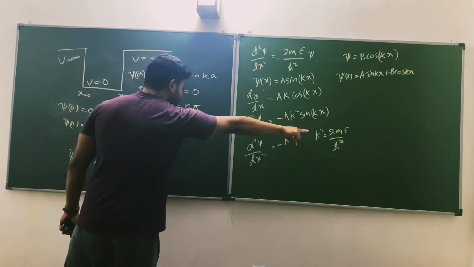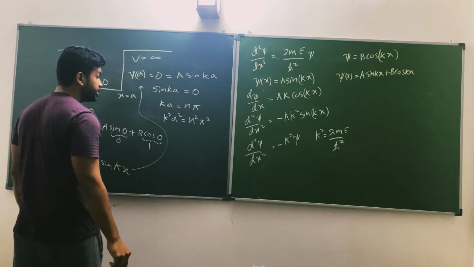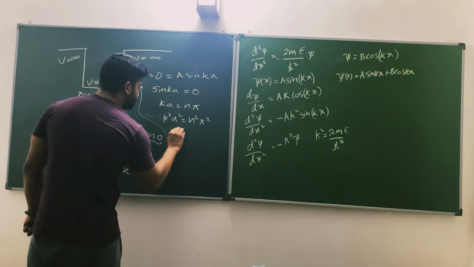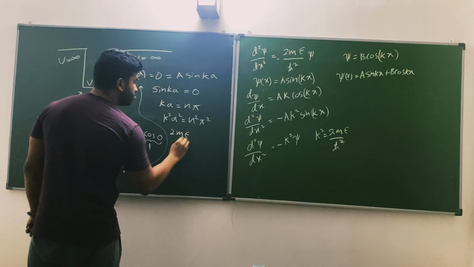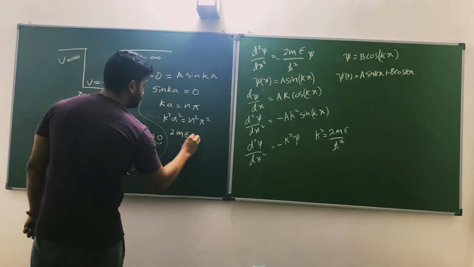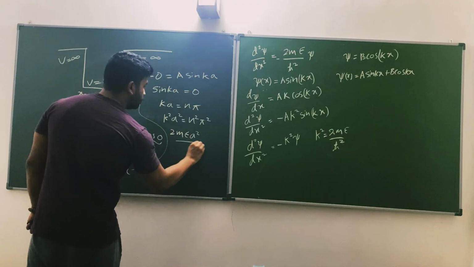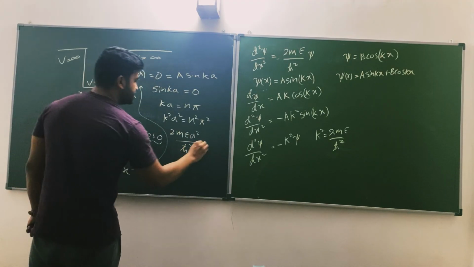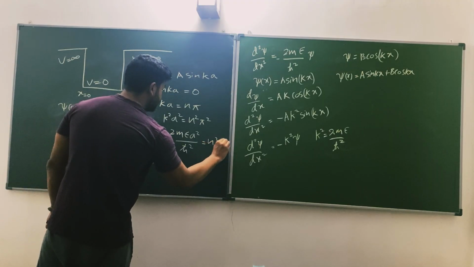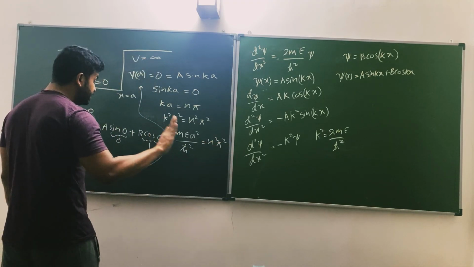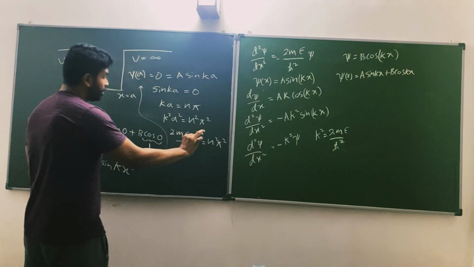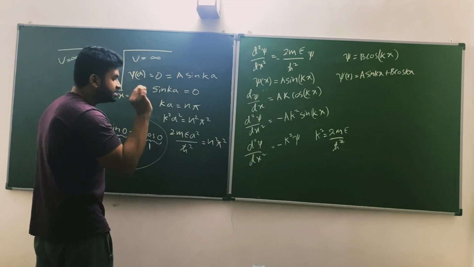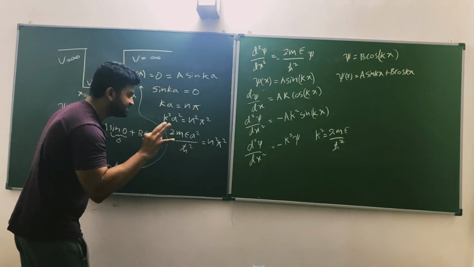Furthermore, we already know k squared is 2mE over h bar squared. So now, 2mE a squared over h bar squared is equal to n squared pi squared, right? Then finally, I will end up with something majestic, something inspiring, and something fascinating.